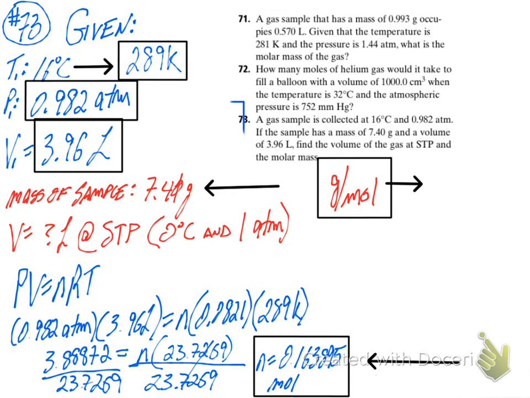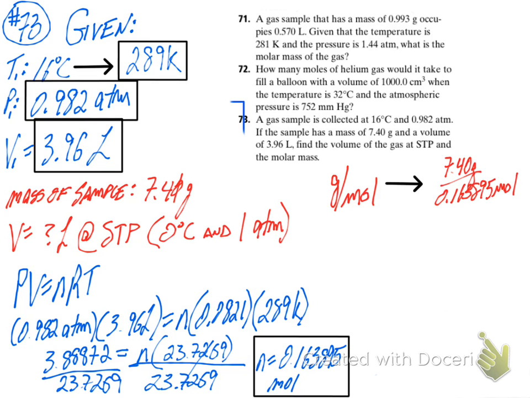So I simply divide the mass of the sample, 7.4 grams, by the number of moles of that sample, 0.163895. And when I do so, I come away with grams per mole, in this case 45.15 grams per mole. So that's our answer, ladies and gentlemen, to the molar mass in number 73.